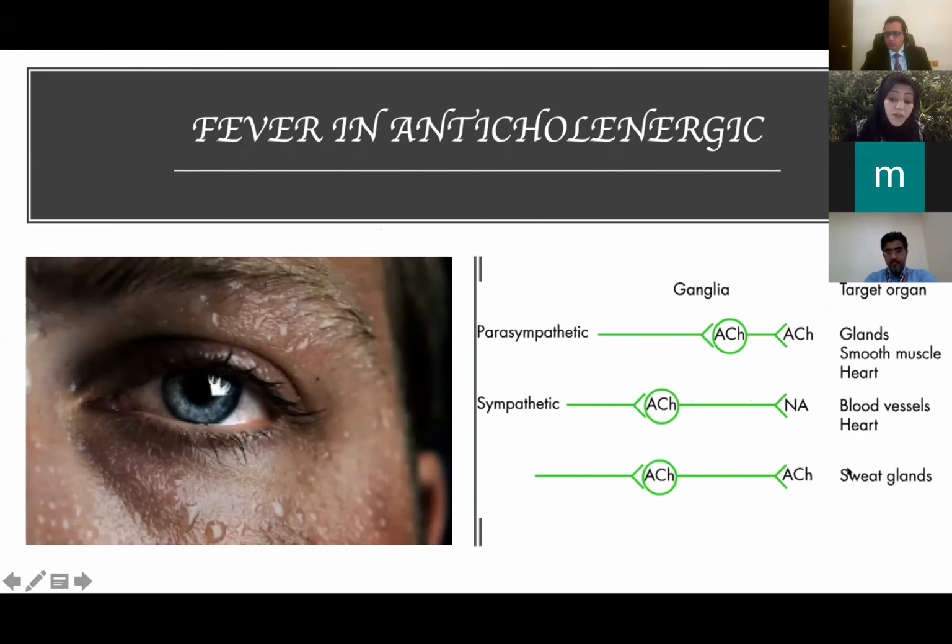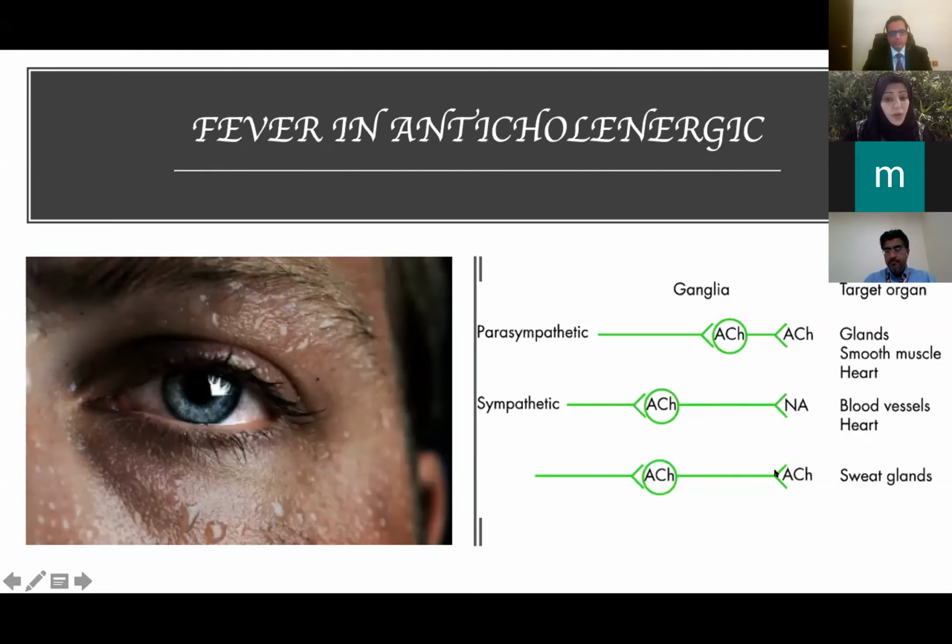But we've got here a very special exception, which is the sweat gland. The sweat gland is actually innervated by the sympathetic system. When you're scared, when you're excited, you are sweaty. But the end is acetylcholine.